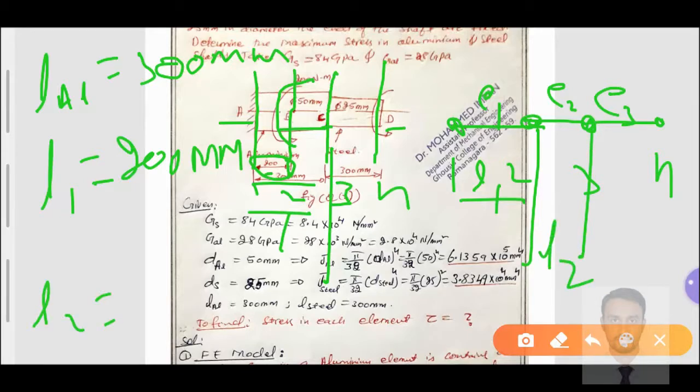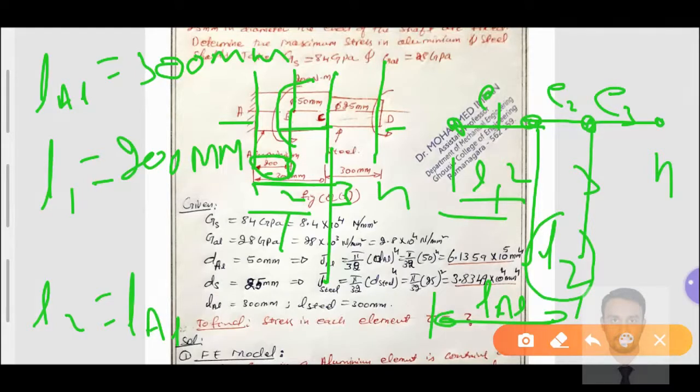L2 is equal to the total length of the aluminium shaft minus the length of finite element number 1, that is L_AL minus L1.